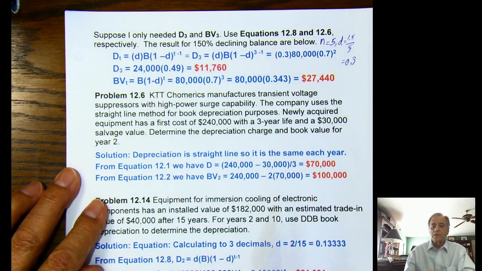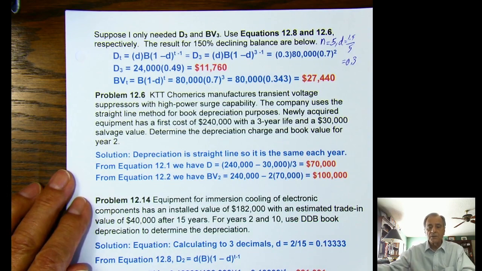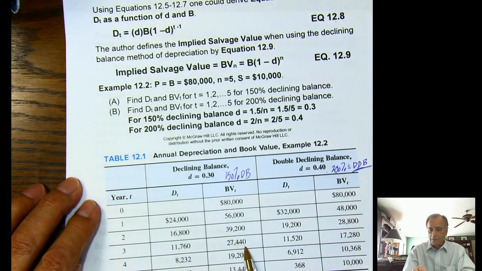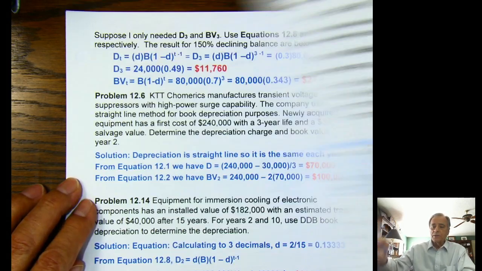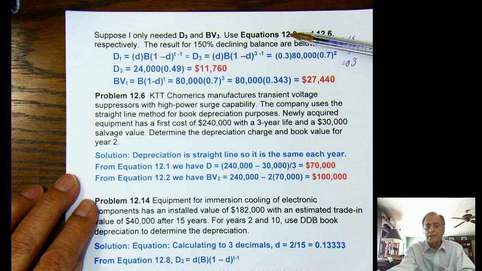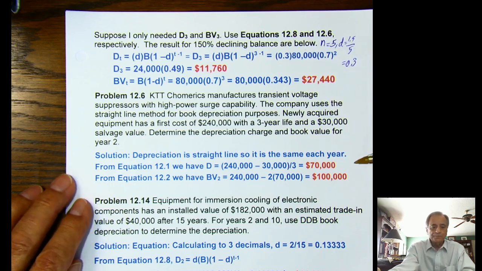We crank through that and we get 27,440, and you can see that number right here. So with these two equations, we can calculate a specific year's depreciation and book value.